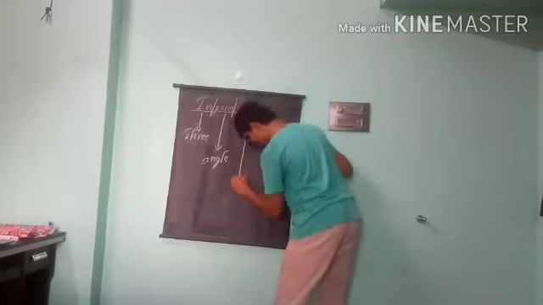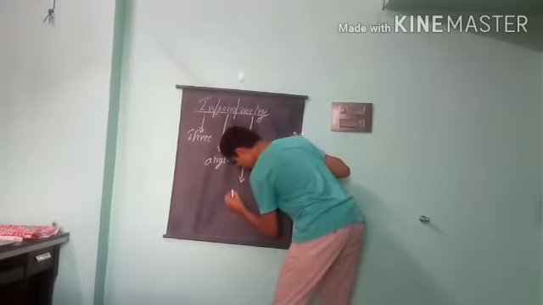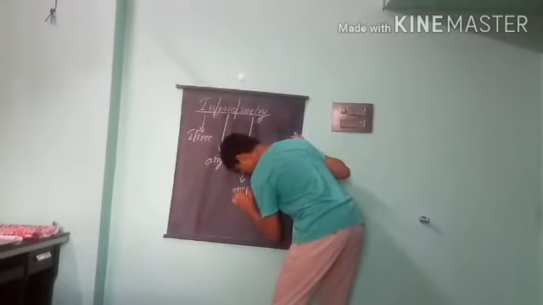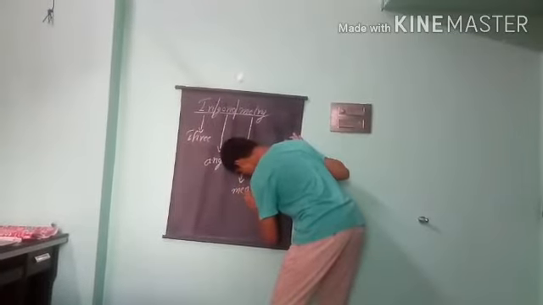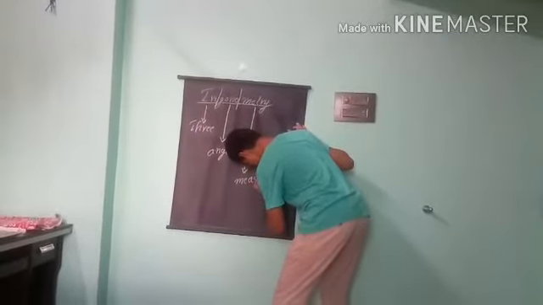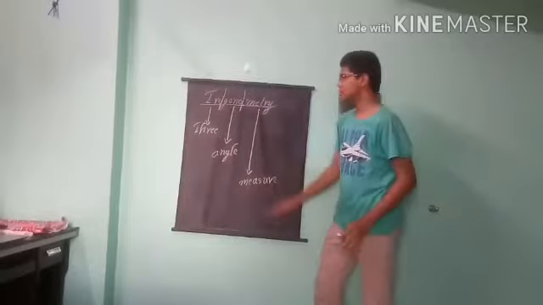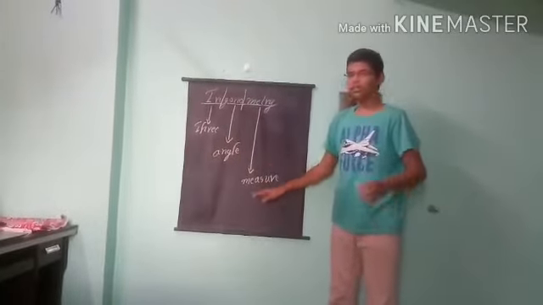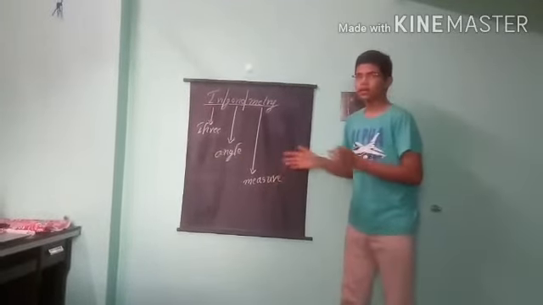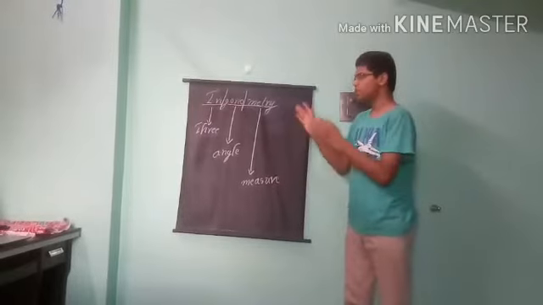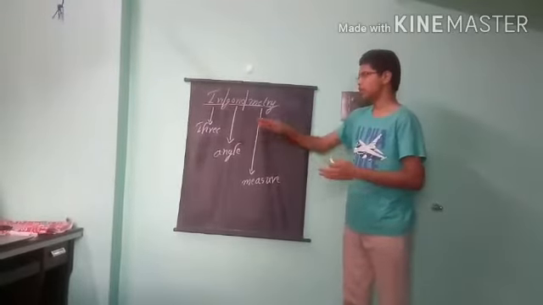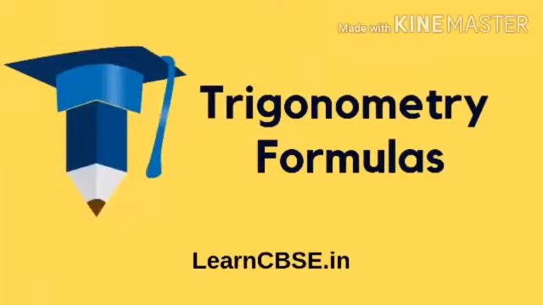Metry means measure, that is, 3 angle measure. It is a Greek word. Trigonometry has been separated into 3 types, that is, 3 angle measure. Okay.